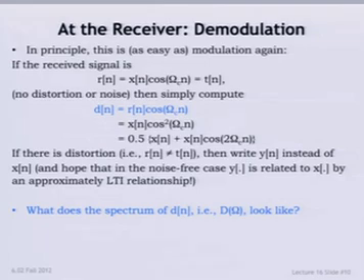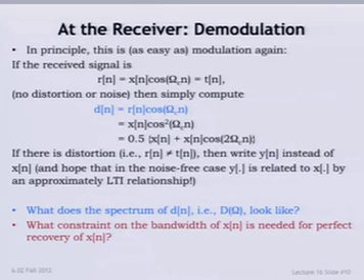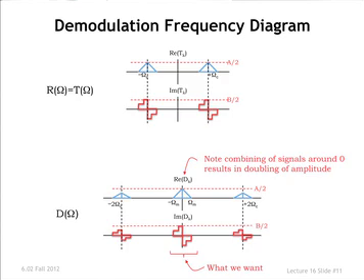So one question, of course, is what does the spectrum of this look like? And we'll look at that. And then the other question is, again, what constraint on the bandwidth of the signal that you originally sent from the transmitter, what constraint is needed to recover? So let's look at the spectrum of the received signal first.